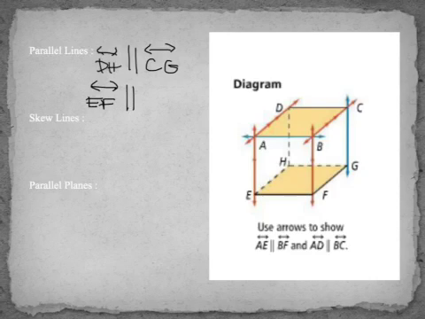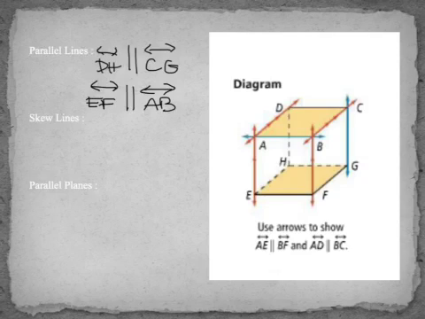Well, again, line EF is on this bottom plane, or we could think of it as on this front plane. Either way, parallel to line EF could be line AB. You could also say that parallel to line EF would be line HG. This back line is parallel to this front line and they lie on the same plane.